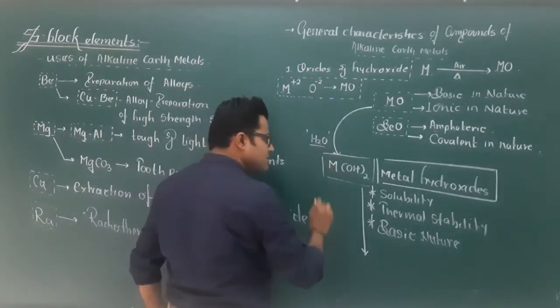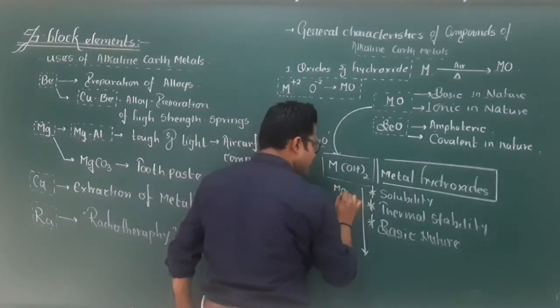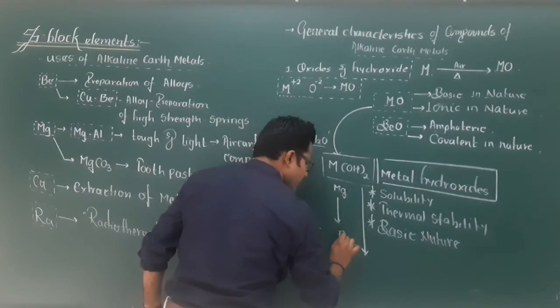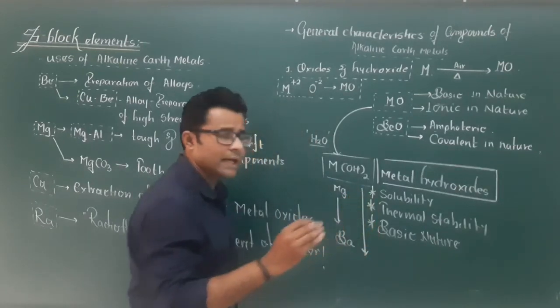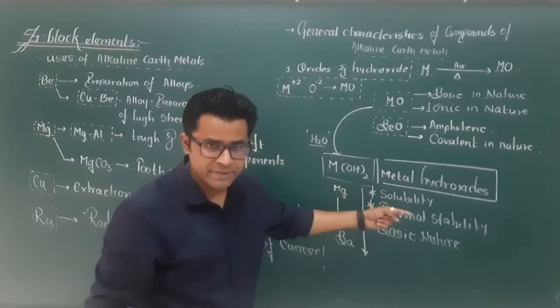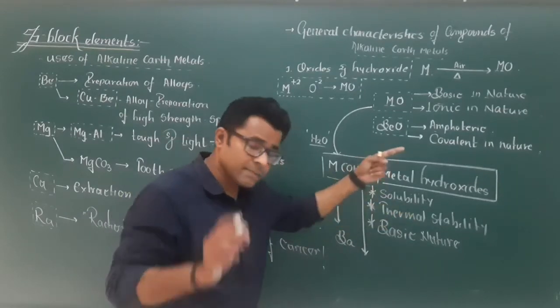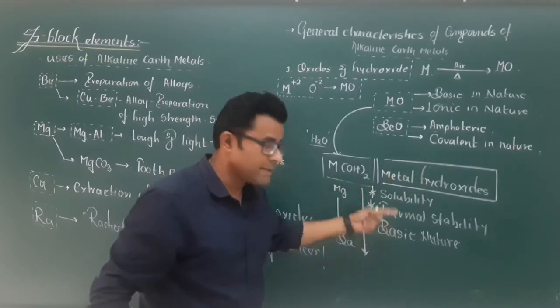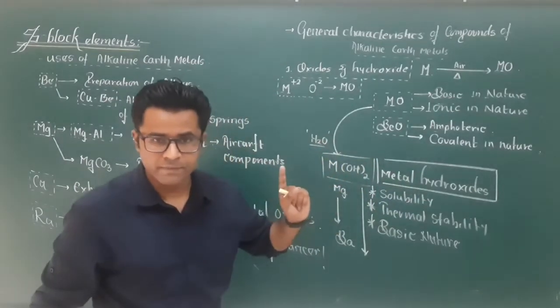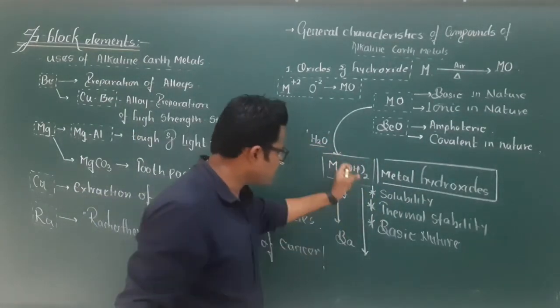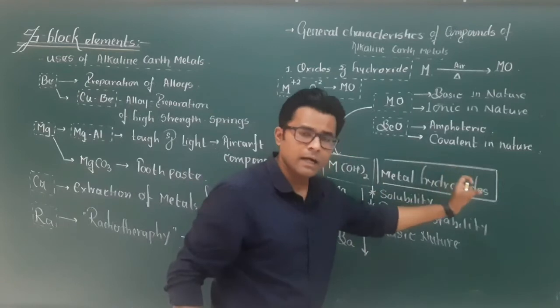That means as we travel from magnesium to barium, solubility will increase, thermal stability will increase, and basic nature will increase. So these are the points with respect to the metal hydroxides.